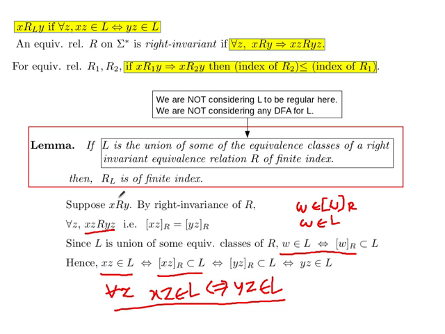Here we started with the assumption that X R Y, and we ended up here: X R Y implies X RL Y. So R is a refinement of RL.